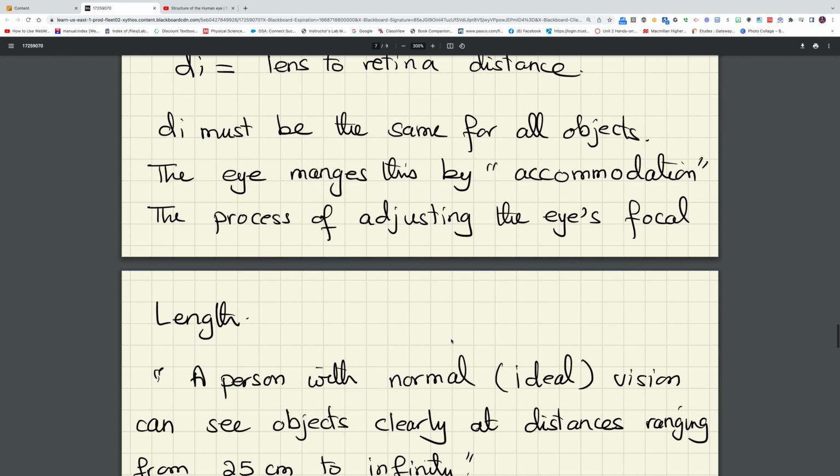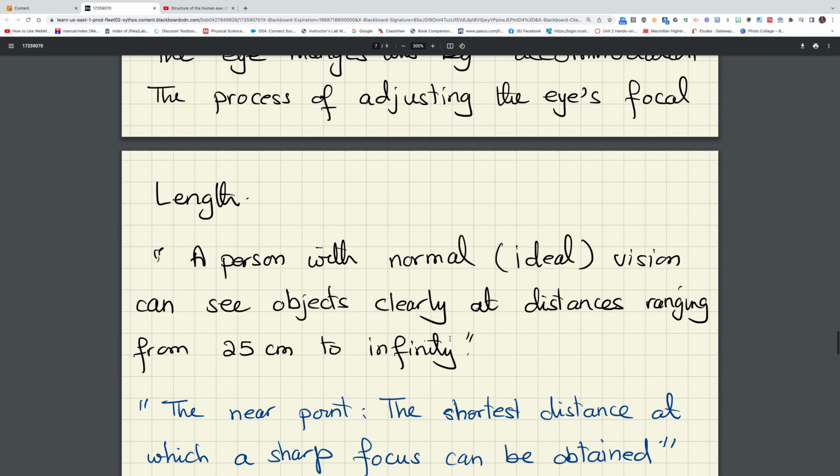A person with normal ideal vision can see objects clearly at distances ranging from 25 centimeters to infinity. Somebody without nearsightedness or farsightedness will see things from 25 centimeters to infinity.